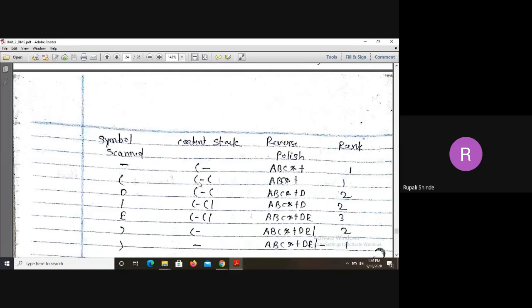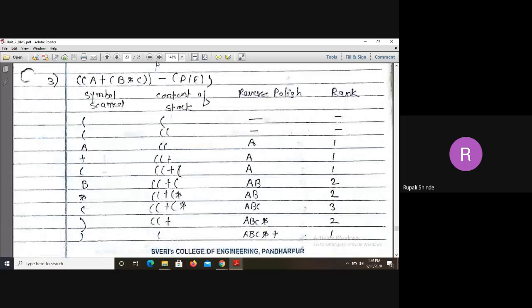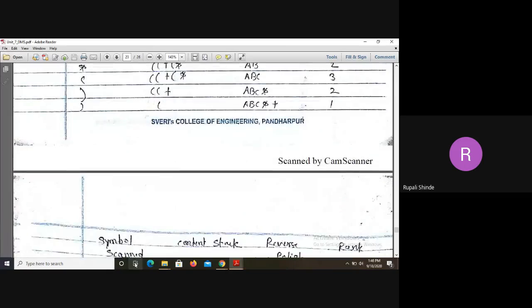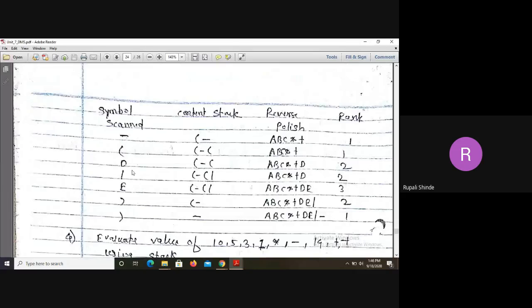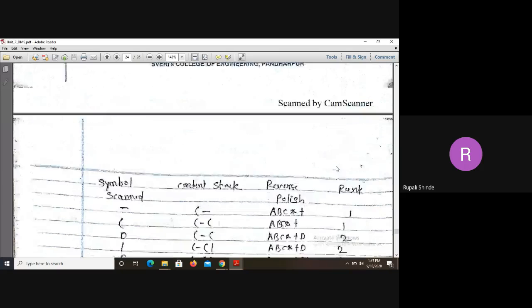So opening bracket, minus, opening bracket are the contents of the stack. Now the next character is B. B is an operand, that's why we write it into postfix form. So the content of postfix form is ABC star plus B. The rank for this expression is 1, 2, 3, 4, 4 minus 2, which equals 2.